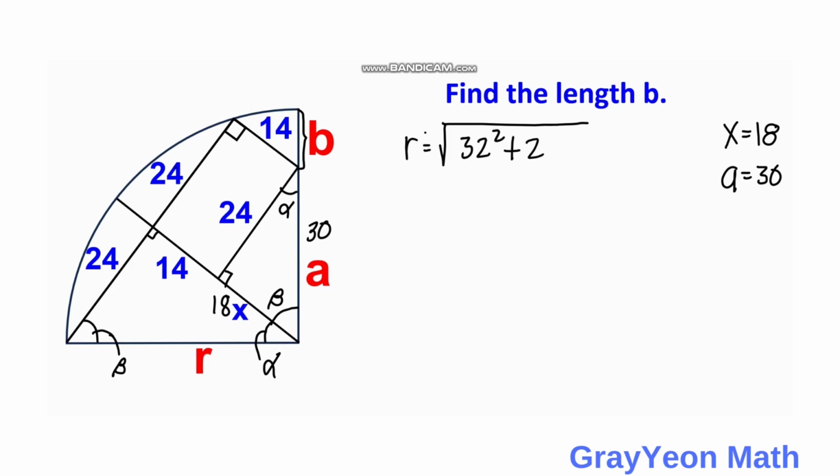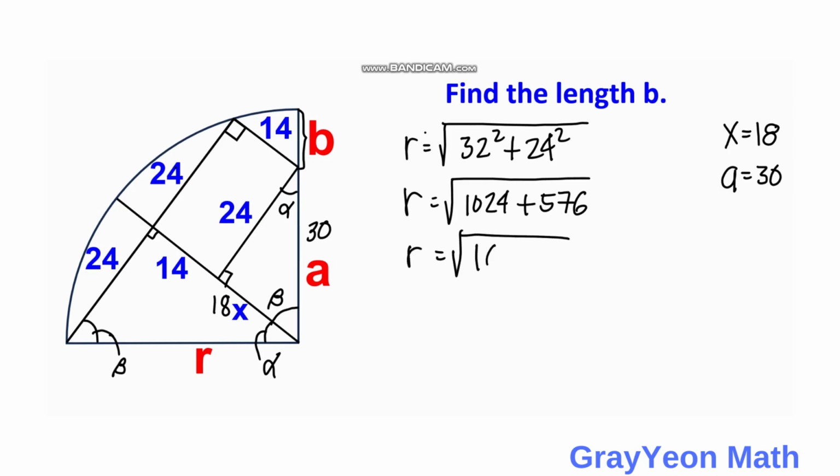So R is equal to the square root of 1024 plus 576. Then R is equal to the square root of 1600, or R is equal to 40.